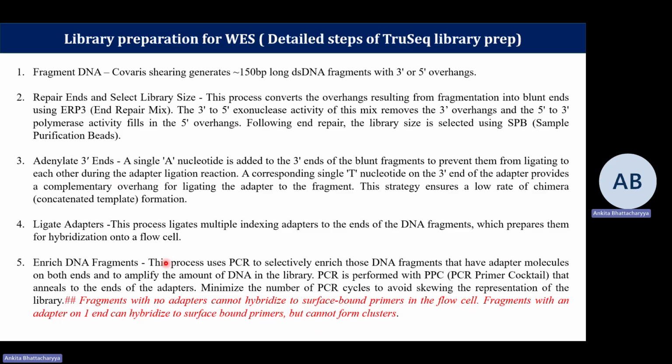Then you ligate adapters, which involves ligating multiple indexing adapters to the end of DNA fragments, preparing them for hybridization onto a flow cell. Then you can enrich for DNA fragments also.